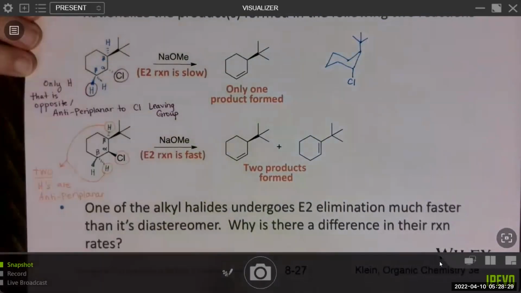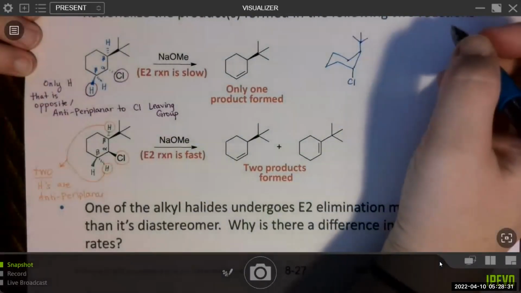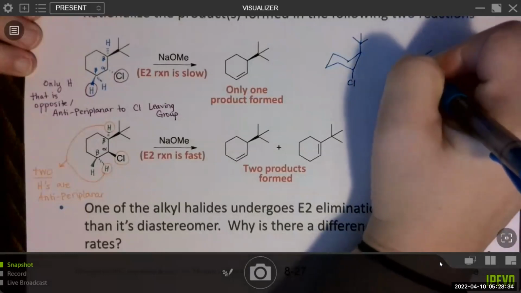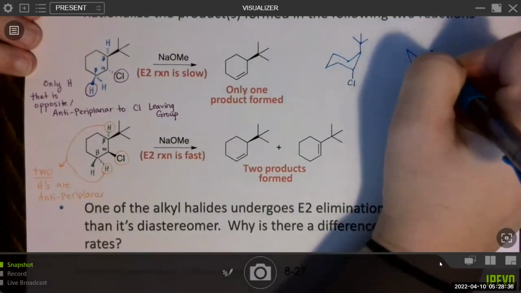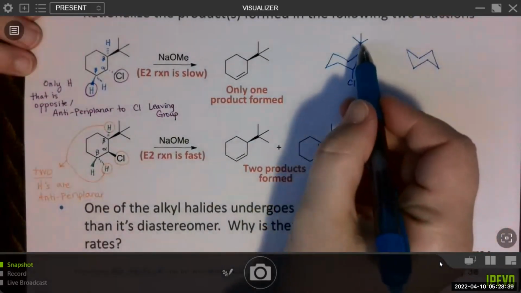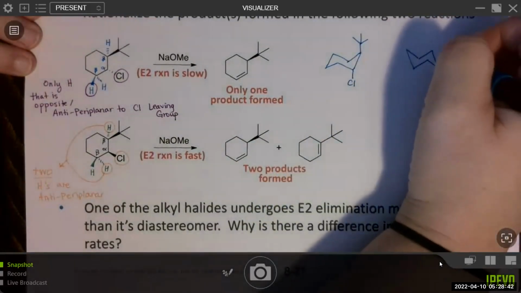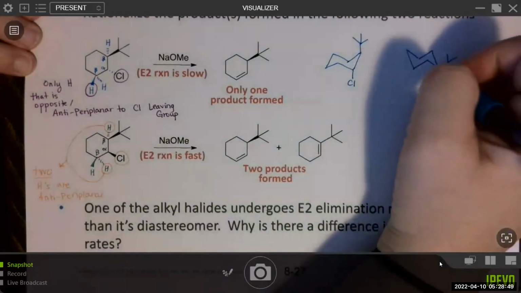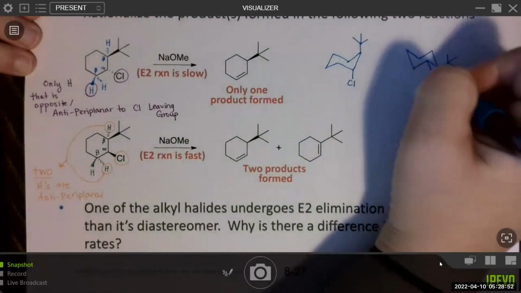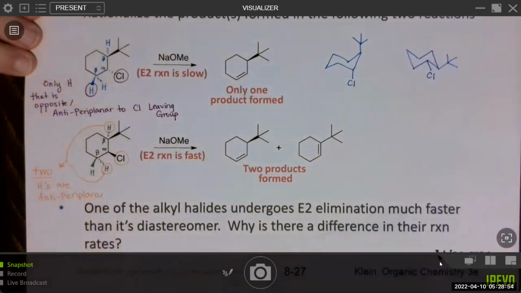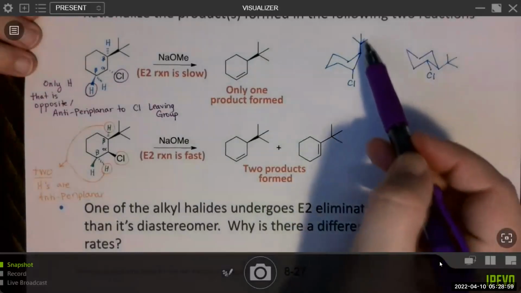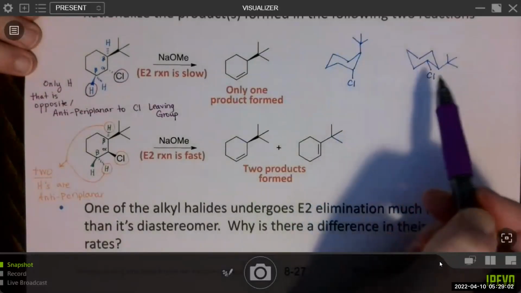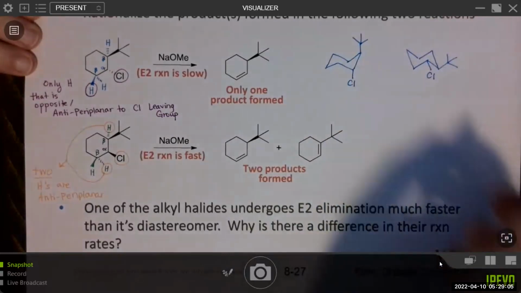And that's one of the chair conformations, right? Then we can ring flip it. When we ring flip it, this will become up and equatorial, and this chlorine will be down and equatorial as well, because right now it's down and axial. We will place it here. When we think about these two chair conformations, look at how we have both of these in an axial position versus both groups in an equatorial position.